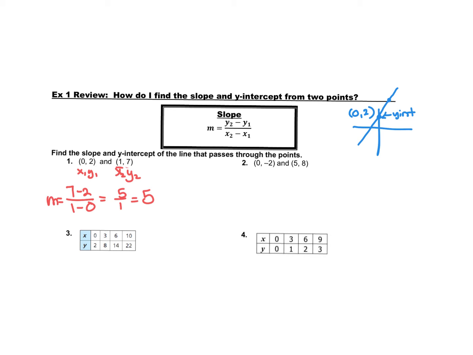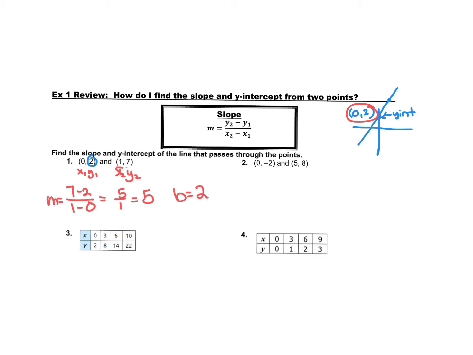To identify the y-intercept, remember it's always when x is 0. So when our x is 0, our y-intercept is going to be 2. So we write our b: the y-intercept is 2, because that is where it's crossing the y-axis, and I know that because my x is 0.